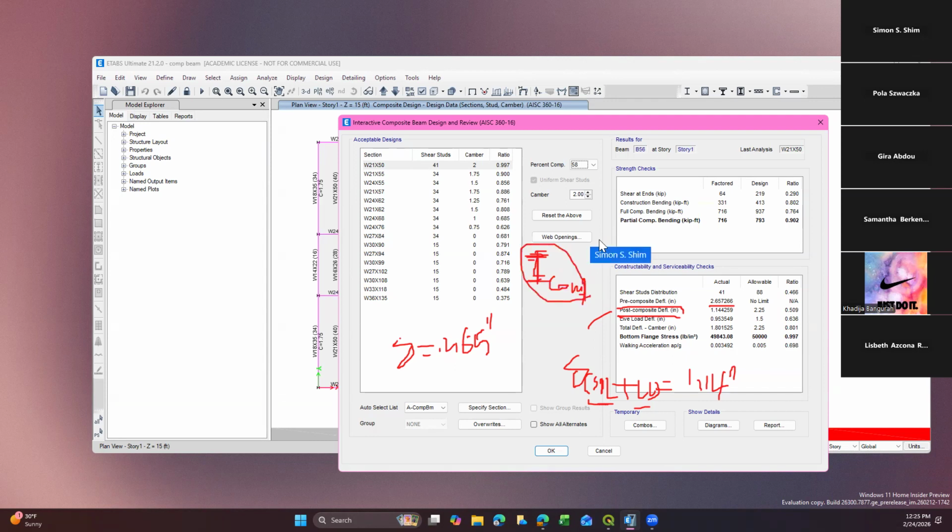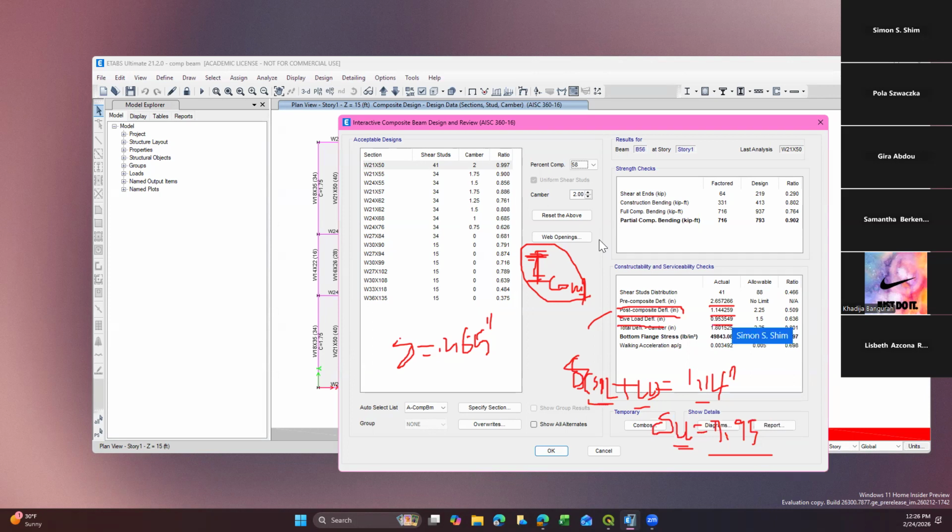So deflection is relatively small. That's why we use composite action: we gain a significant stiffness increase. Here the live load deflection, under the composite I, they calculate as 0.9, which is smaller than the deflection due to SDL plus live load, which makes sense, right? So those are all the calculations.